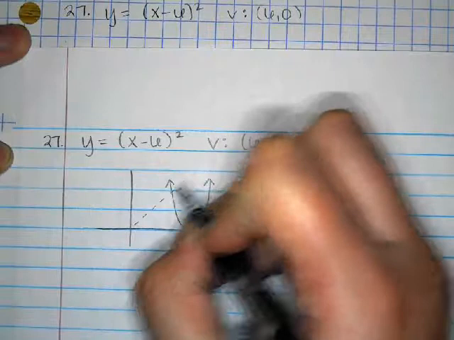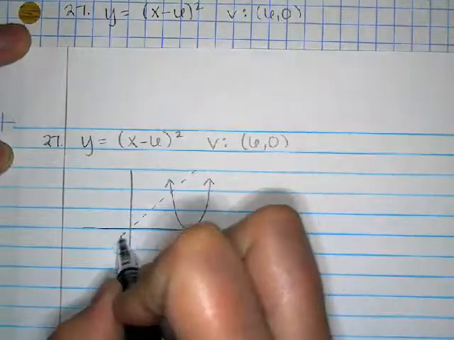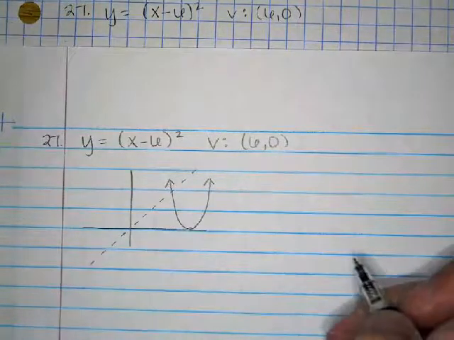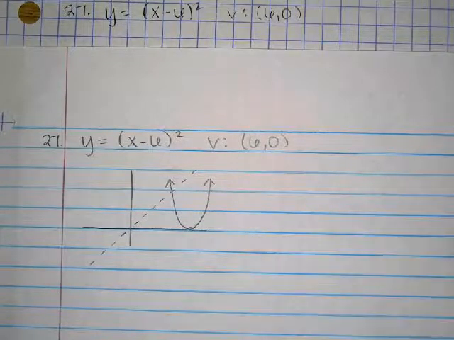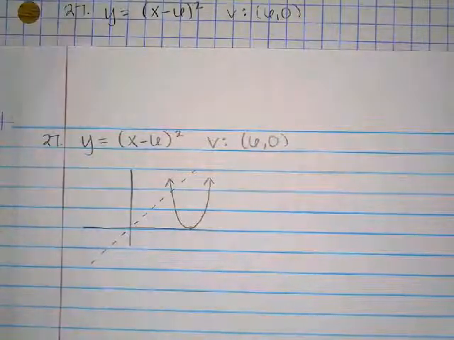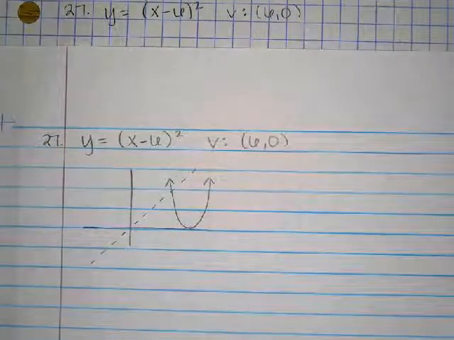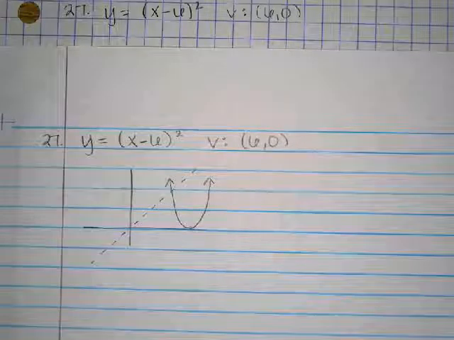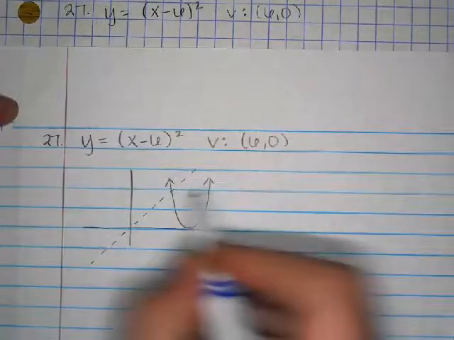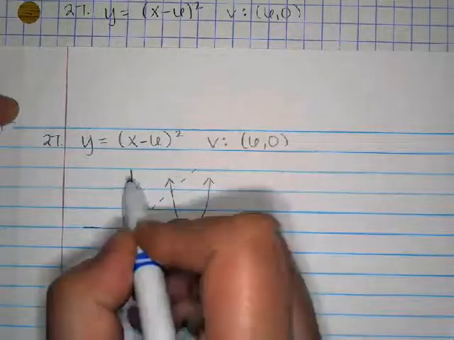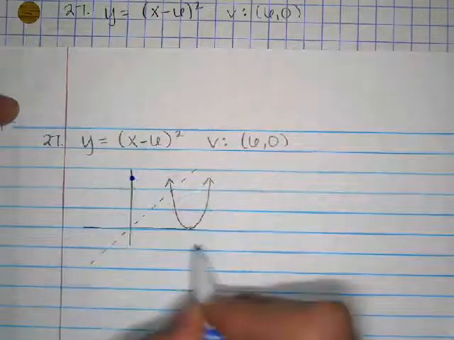Okay, so here's that one. There's the line that this is reflected over. So I'm just going to do a really careful job of reflecting this over that line to see what the whole thing would look like. So I know that this would end up being over here.